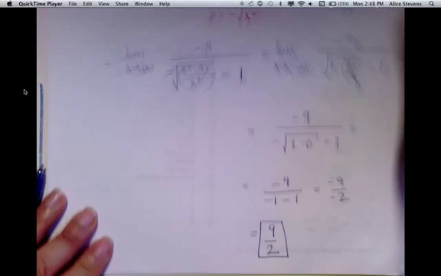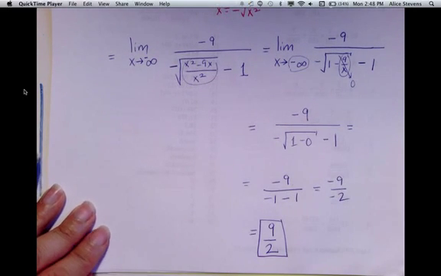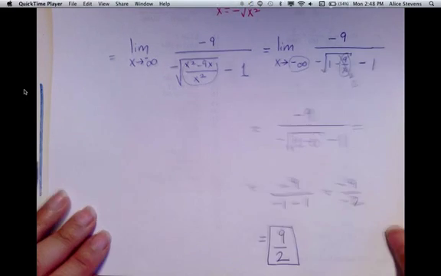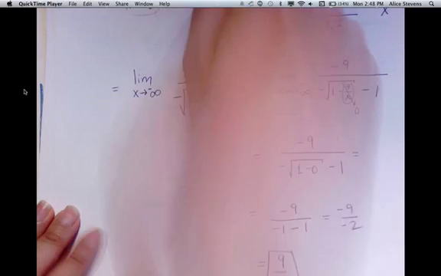And you can see that right down here. I've just plugged everything in. So you can graph this function to convince yourself that this is the limit as x approaches negative infinity.